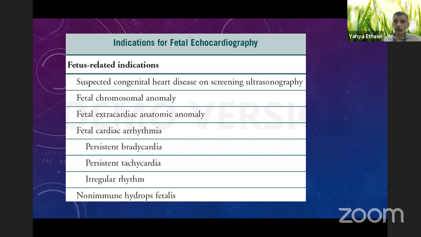So the indications for fetal echo are: when the obstetrician sees anything abnormal on the ultrasound, or when there is a fetal chromosomal abnormality, or an extracardiac anomaly, or an arrhythmia, bradyarrhythmia or tachyarrhythmia, or when there is hydrops fetalis, to look for the cause.